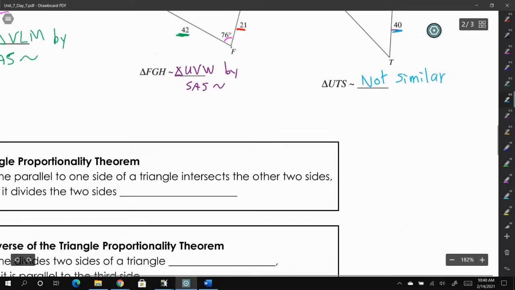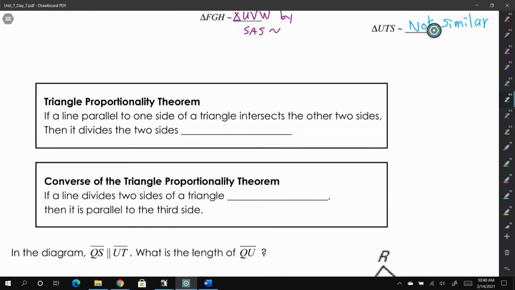And we're also going to talk about the triangle proportionality theorem. Basically, it's when you have a big triangle and then you have parallel lines within that bigger triangle, you create smaller triangles, and there are some properties that occur when that happens.